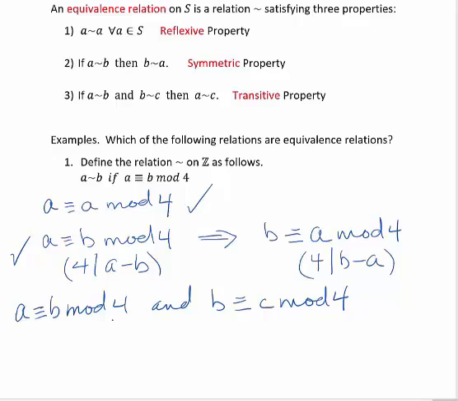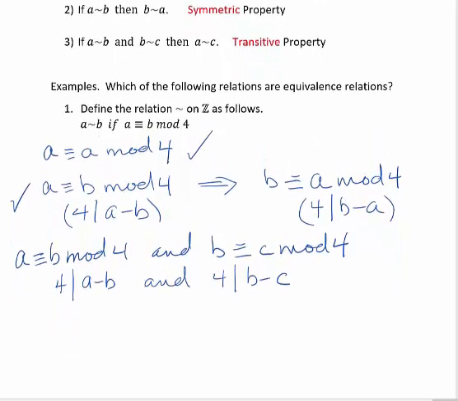If A is congruent to B mod 4, that means that 4 divides A minus B, and since B is congruent to C mod 4, 4 divides B minus C. Well, what does it mean to divide? It means that A minus B is equal to 4 times some integer n, and B minus C is equal to 4 times some integer m.